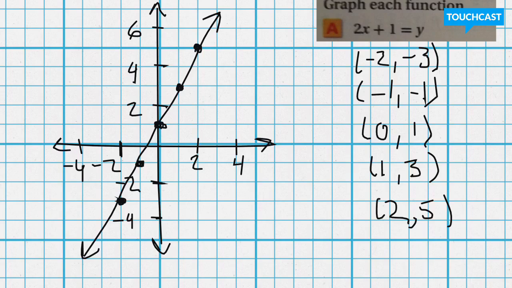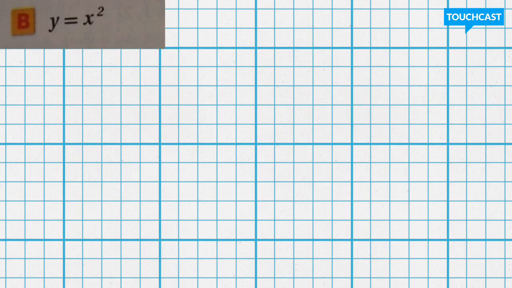So let's look at our next example, 2b. For 2b, we've got the function y equals x squared. We aren't given any domain values, which means the domain is all real numbers. Let's just pick 5 points that will include 0 and 2 numbers bigger than 0 and 2 numbers that are smaller. So let's make our table.